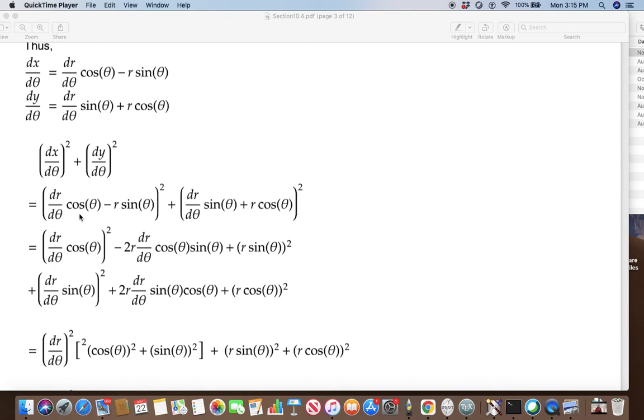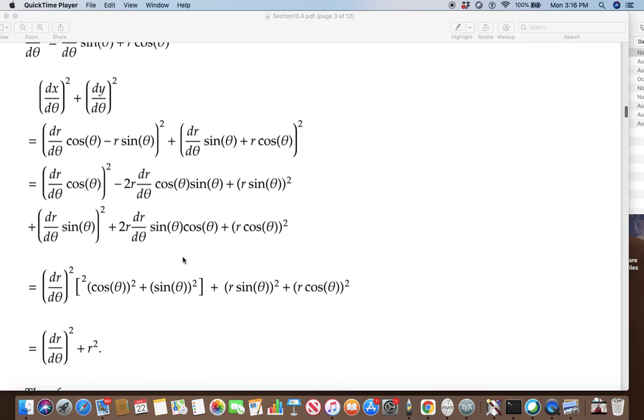That's the first line, the square. Likewise, the complete square here gives me the second line. So notice the negative 2r dr d theta cosine theta sine theta, and you have a positive 2r dr d theta sine theta cosine theta. So these are going to cancel.